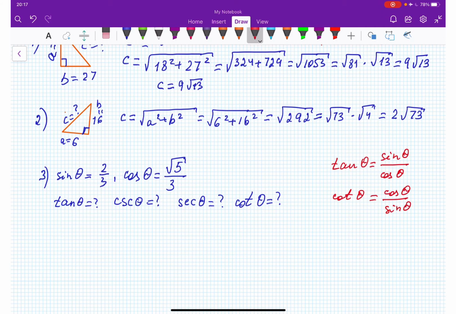So from here we can say that tangent theta is equal to 1 over cotangent theta, and vice versa, cotangent is equal to 1 over tangent.